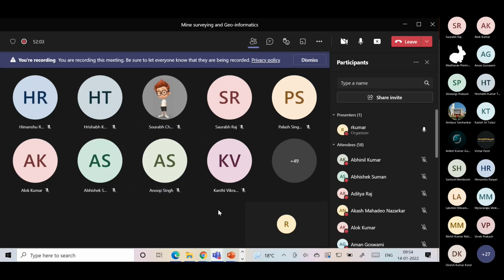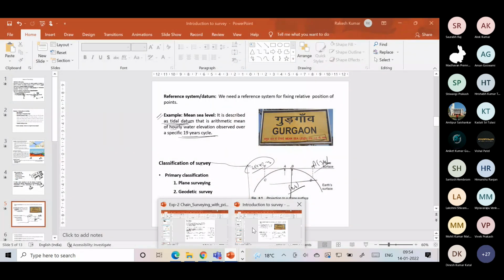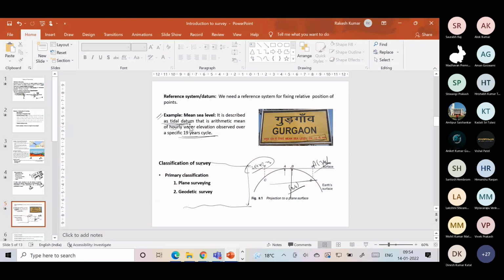It is written there: a tidal datum, that is the arithmetic mean of hourly elevation observed over a specific 19-year cycle. Then we take the measurement and say this is our mean sea level. It will not change; a 19-year cycle is so long. Do you think it will change?